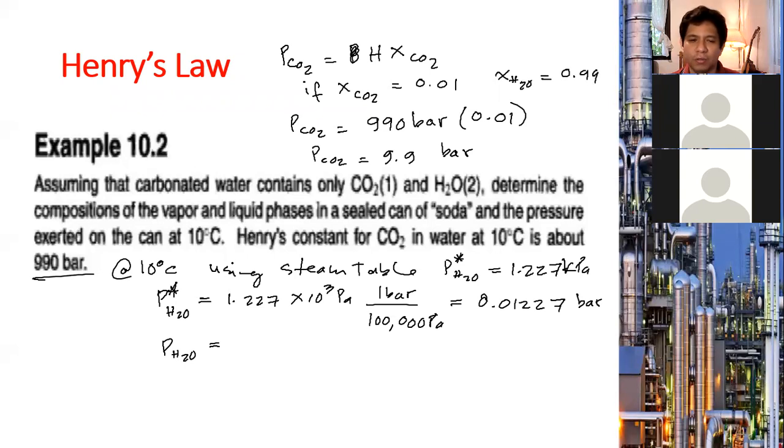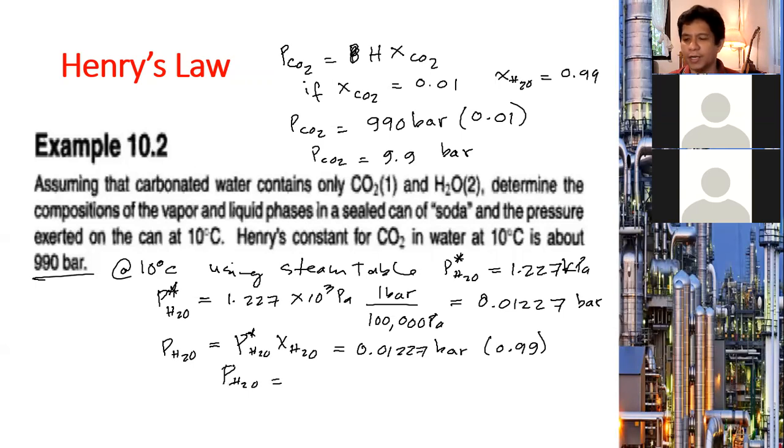So mas valid dito yung Raoult's law. Raoult's law yung gagamitin natin dito, hindi Henry's law, sa pagka-calculate ng pH2O. So this is P star H2O times XH2O. Do you have any question? So P star H2O is 0.01227 bar times 0.99. This will give you the pH2O.